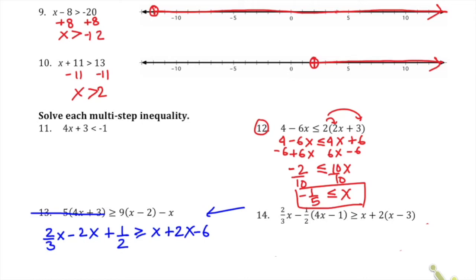Now I combine the like terms, 2/3 minus 2. So what is 2/3 minus 2? It's going to be 3, that's 2, 1 times 3 is the 3, 2 is the 6, that's -4/3. Up to you how you want to do your problem, how you want to add and subtract.